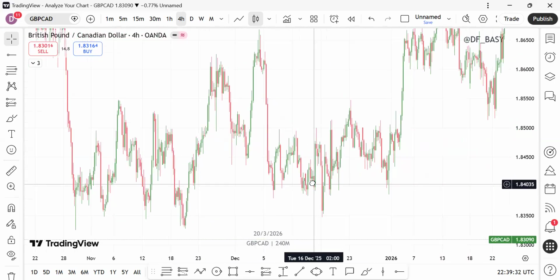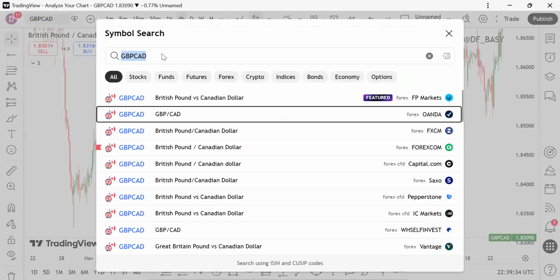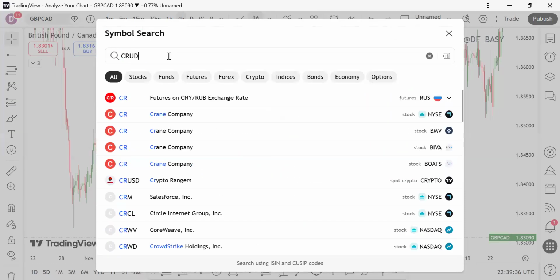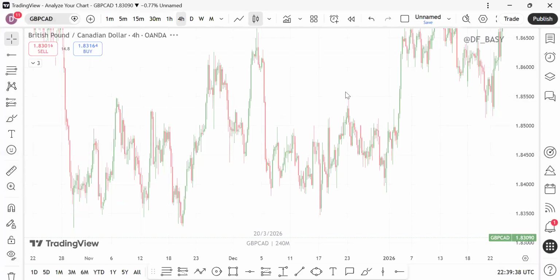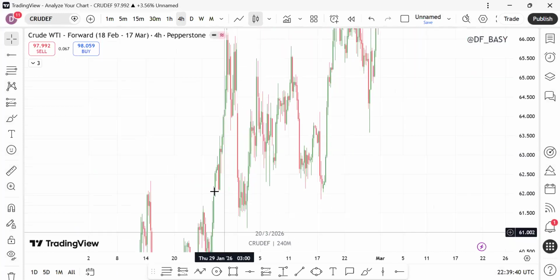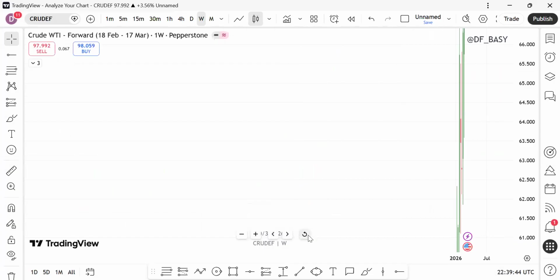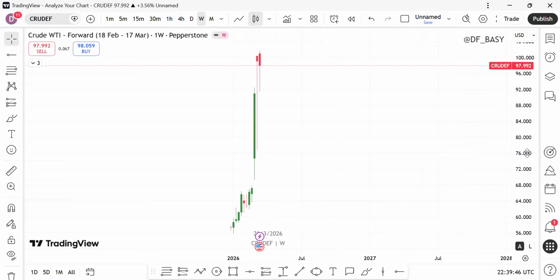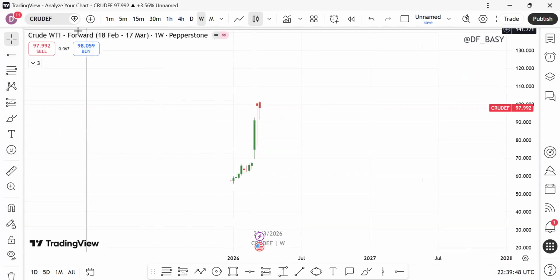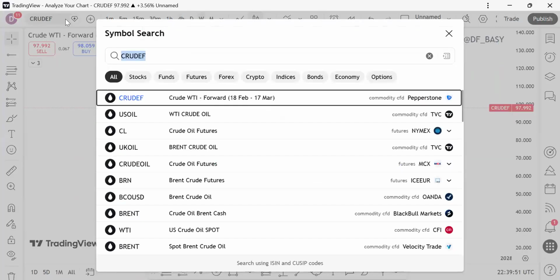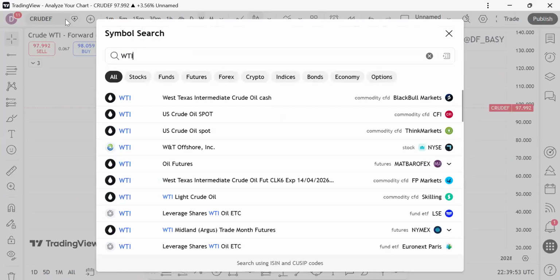And you can check, let's go to crude oil. The price of crude oil, let me go to the weekly time frame. It really pumped.